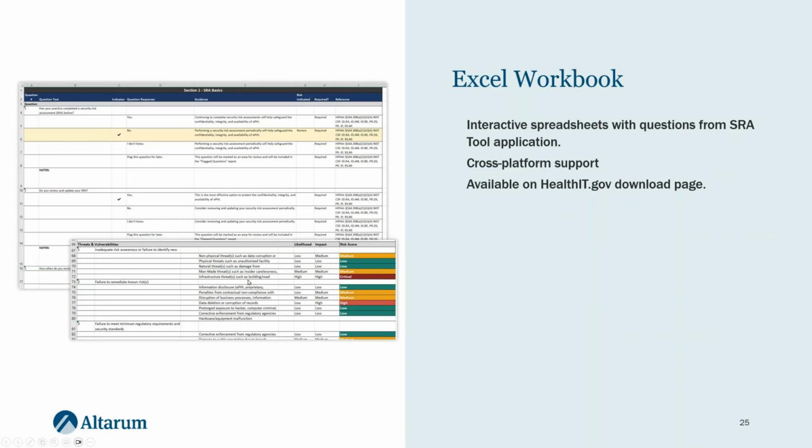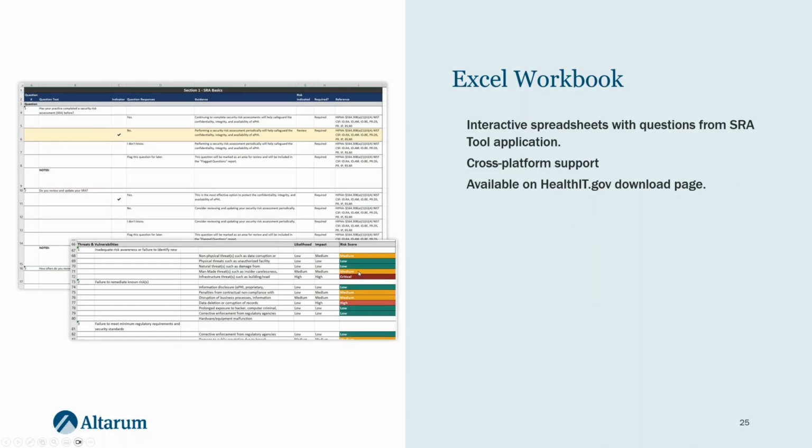And then similar down here at the bottom of the section, you're rating threats and vulnerabilities, and you're making selections on likelihood and impact. And then this risk score column is using that matrix that I explained on the risk report, and it's combining those automatically into this risk score.